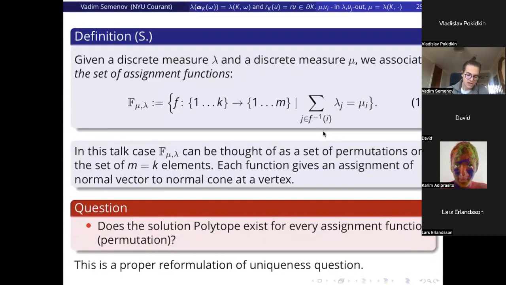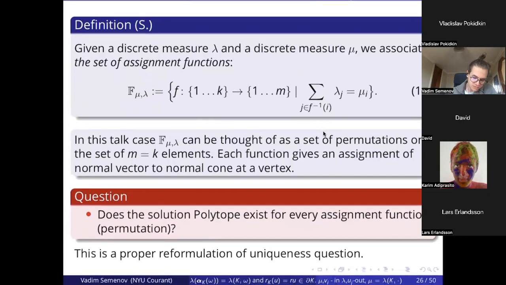So what we do first is that we are trying to find a more, let's say, combinatorial restatement. Obviously, this is not hardcore combinatorics, but just some kind of combinatorial restatement, because everything is discrete and we want to parameterize this. So we define a set of assignment functions.